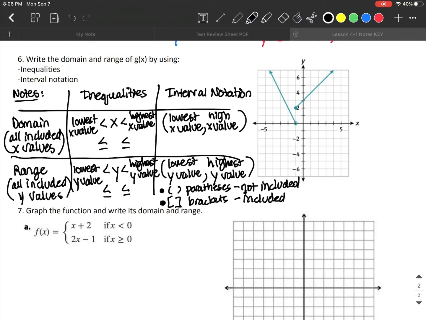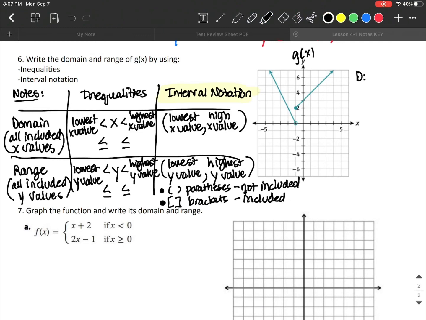If I look at this graph for g of x, I want to decide what's the domain and what's the range. The notation that we're going to use in this class is interval notation. We're going to use interval notation in this class only, but we'll go over the inequality because that's the one that you used before. So first of all, for the inequality, what's my lowest x value here?